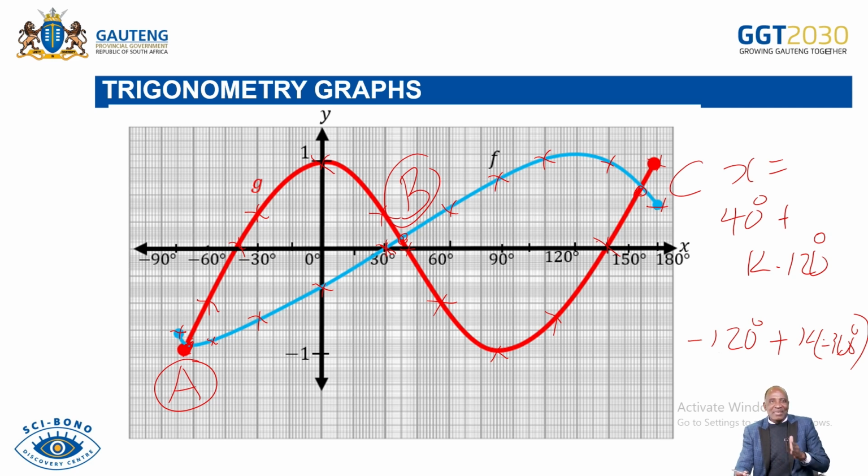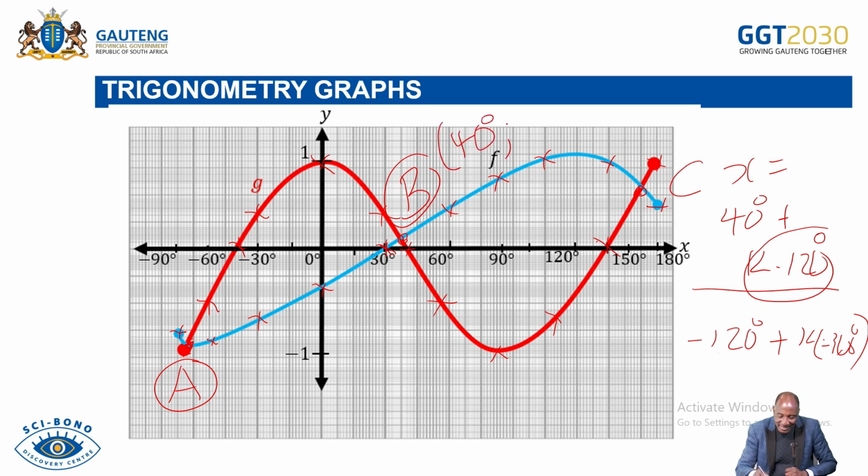So these graphs meet just before negative 90. You need to find where exactly that is. They meet again after 30 degrees. So you come to the first general solution, substitute and use k equals 0. When k is 0, what do we notice? This disappears and you are left with 40 degrees. So at B, we have 40 degrees.